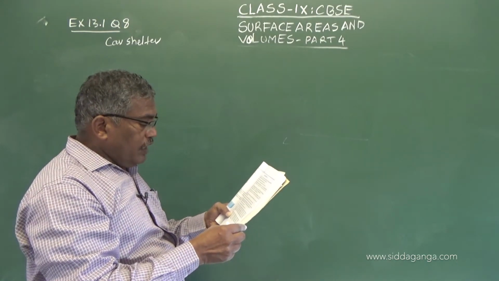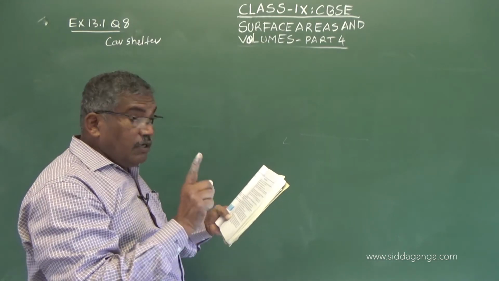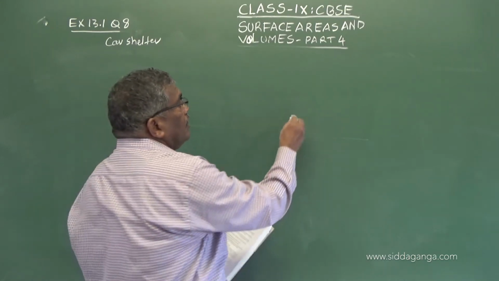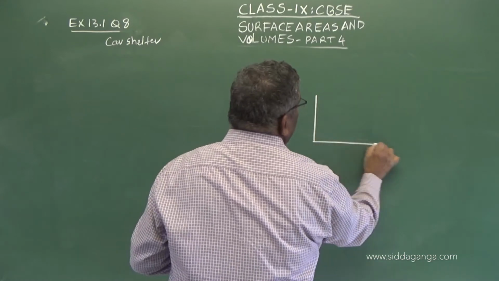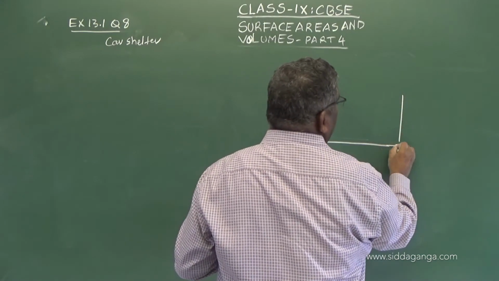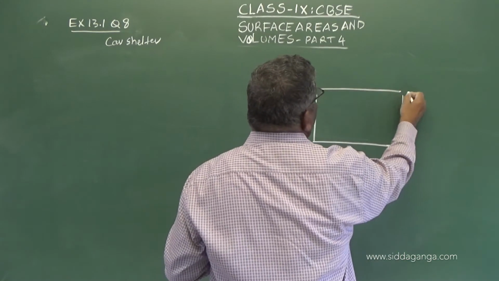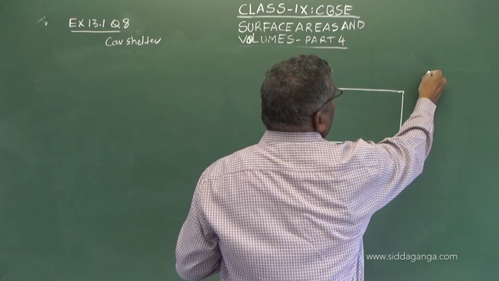So all the four sides, tarpaulin that covers all four sides and the top of the car. See, it is like this. It is a car shed. It will be a cuboid shape. So in that, it will be like this.